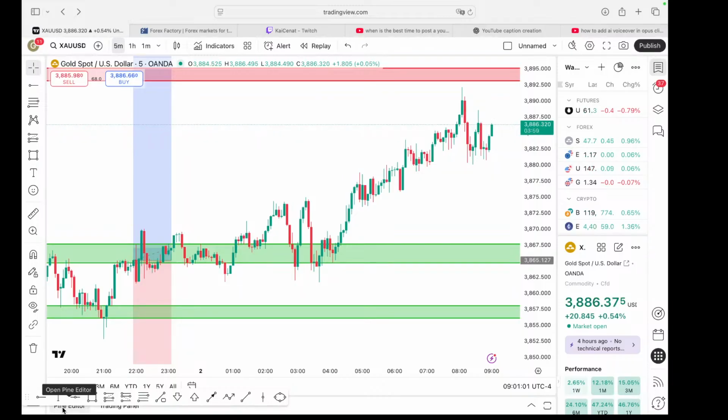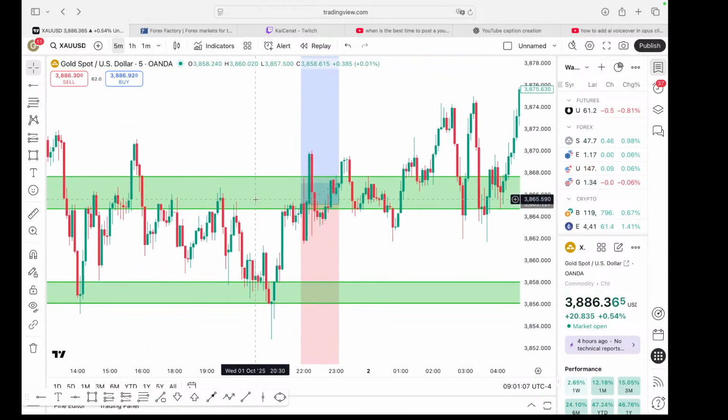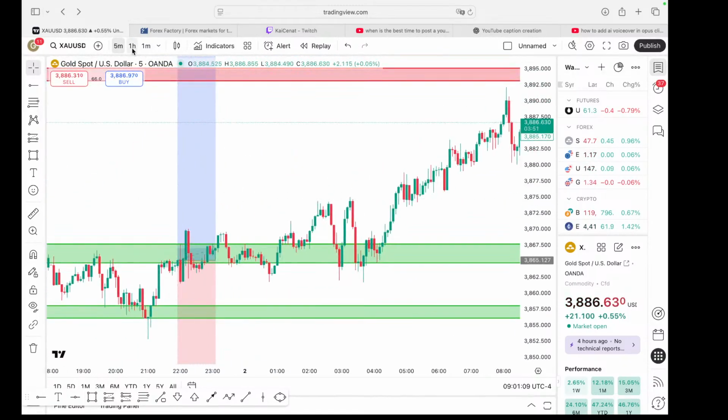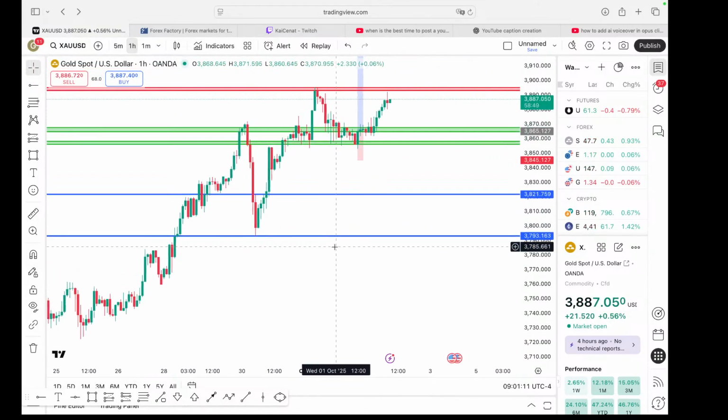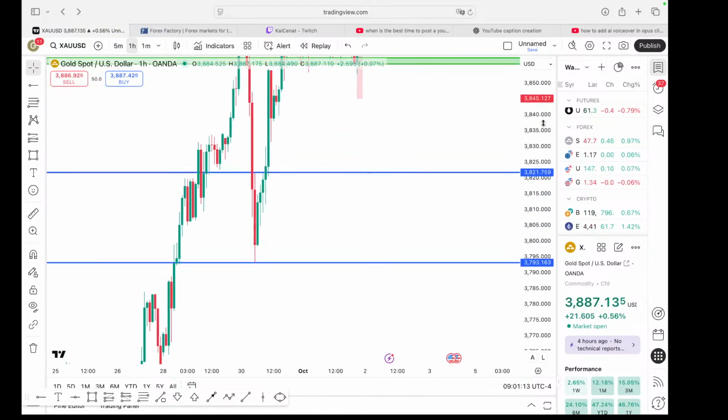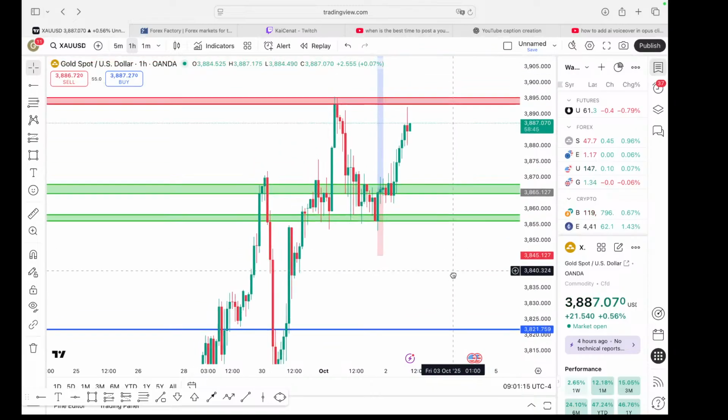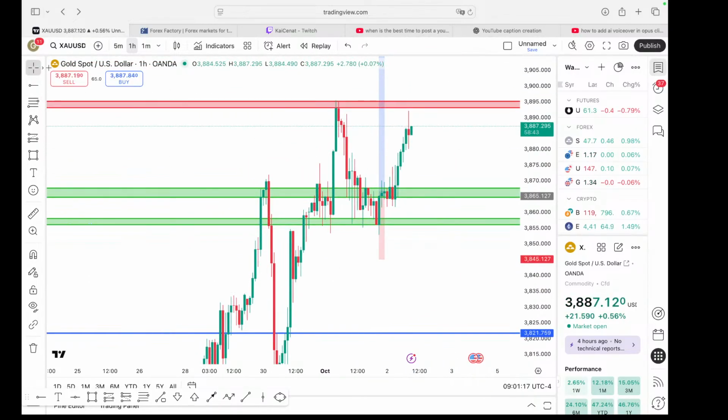All right, so let's go over yesterday's trade. So I kind of changed the chart around. Let me see. I'm gonna try to replicate what I did yesterday. Give me 1 second, y'all. Oh, is it on replay mode? That's weird.